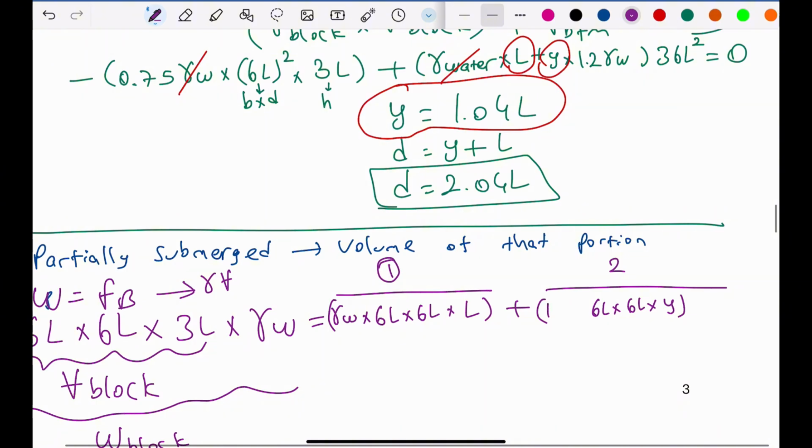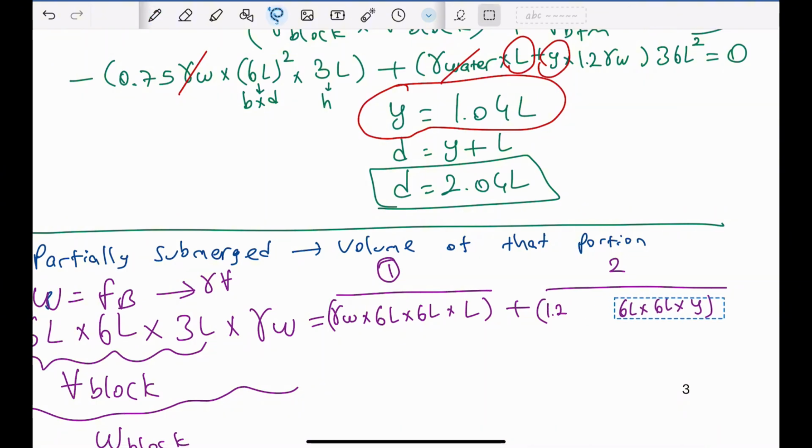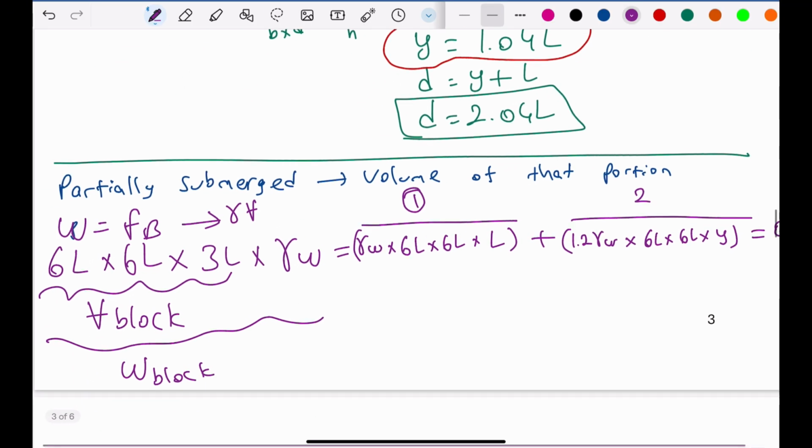So let's say 1.2. Let me move this here. 1.2 specific weight of water.